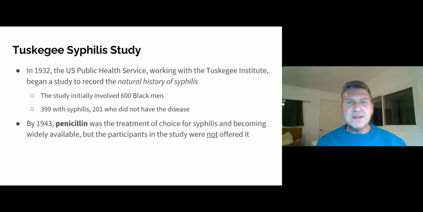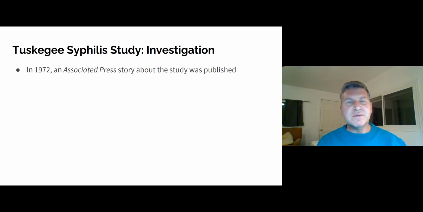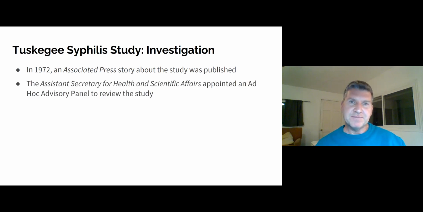And then later, penicillin was determined to be an effective treatment for syphilis and was ubiquitous, but the 399 participants in the study with syphilis were not offered treatment on how to eradicate this awful disease. So in 1972, 40 years later, the Associated Press had a news story about this particular study.